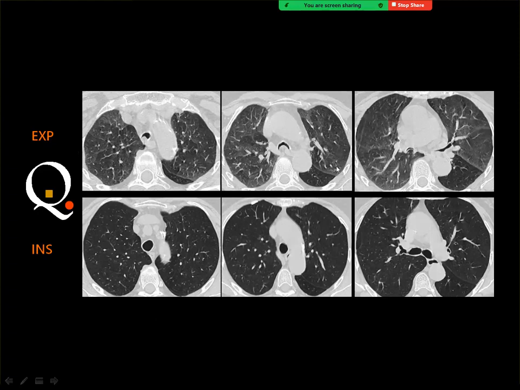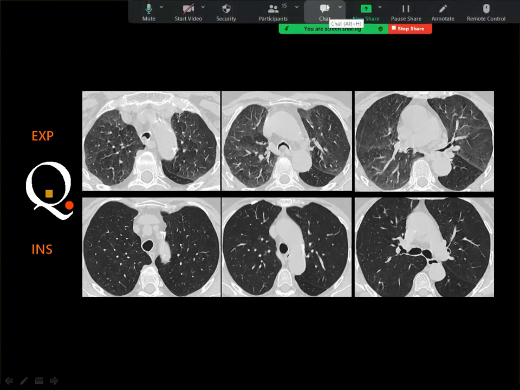If there are patchy areas in the lung of ground glass alternating with hyperinflated areas, this is known as the mosaic appearance, and it means that there is air trapping, and the possibility of small airway disease may be considered.